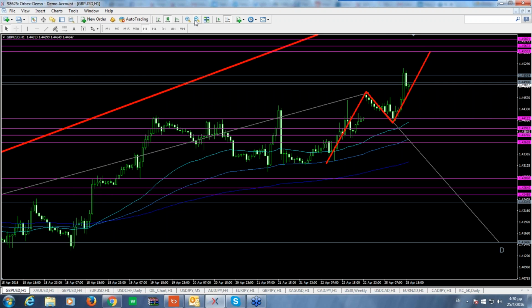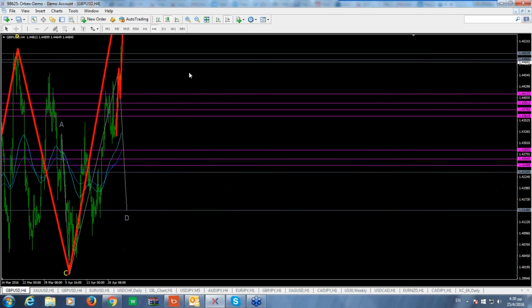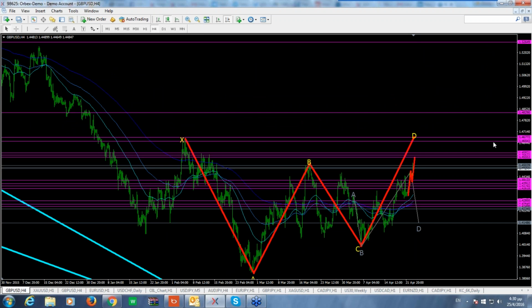Now I would like to show you again on the big picture how the W looks at the moment. As you can see, still a lot of space. On the 4-hour chart, we are looking at more space at 46.54, so another 100 over pips for it to go up potentially.